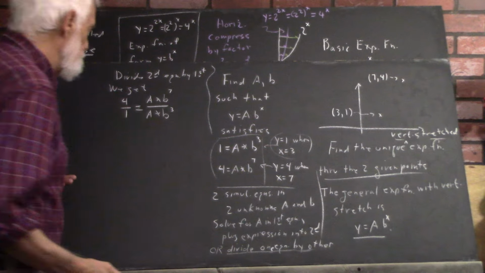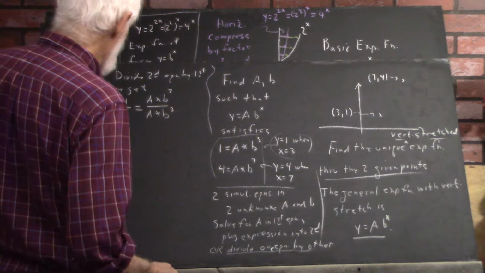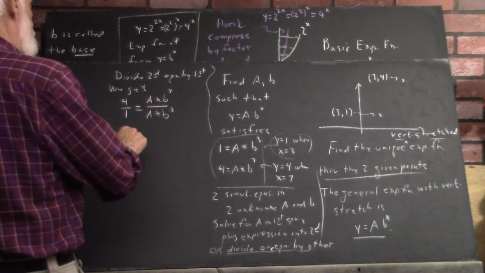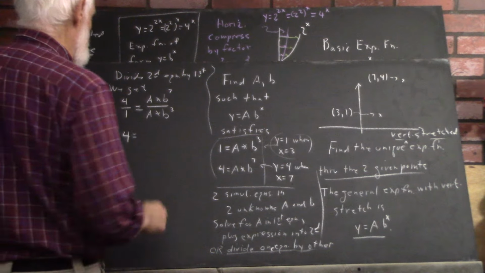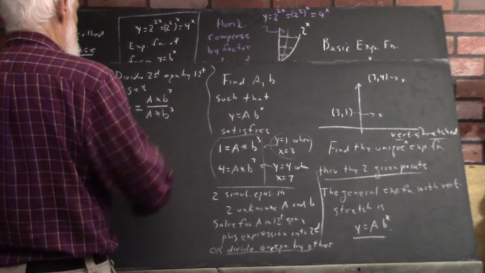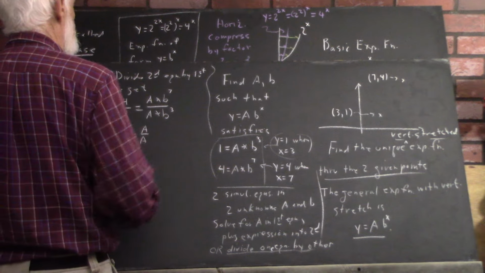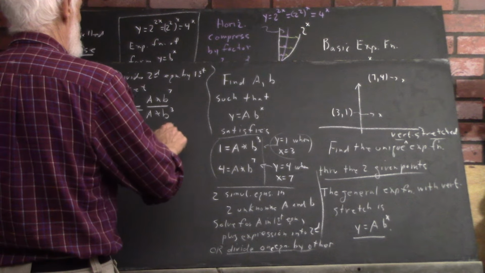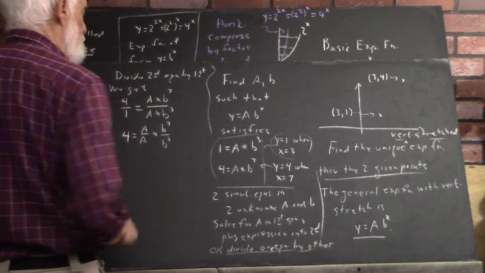Okay, well, we simplify this. The left-hand side just becomes 4. The right-hand side, and I'm going to write out details so we don't just cross out symbols, could be written as a divided by a times b to the 7th divided by b to the 3rd.